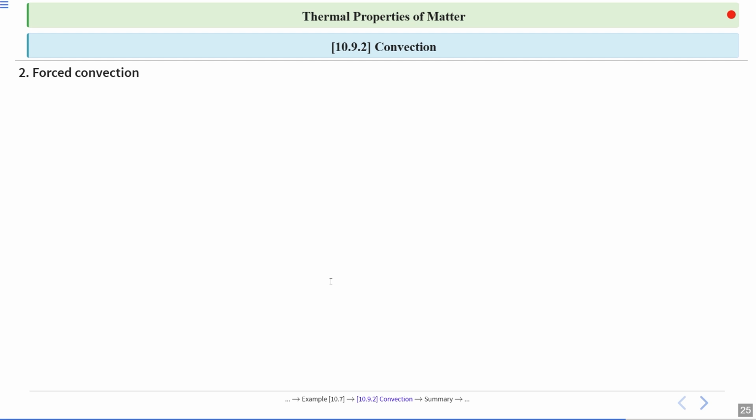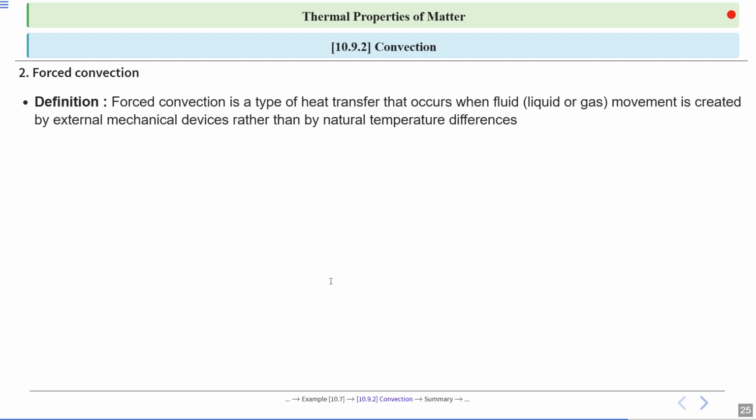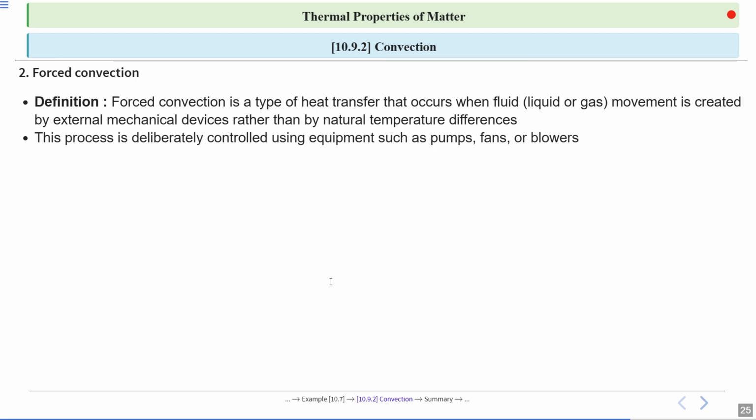Second is forced convection. Forced convection is a type of heat transfer that occurs when fluid movement is created by external mechanical devices rather than by natural temperature differences. Here the external factor is mechanical devices. This process is deliberately controlled using equipment such as pumps, fans or blowers.